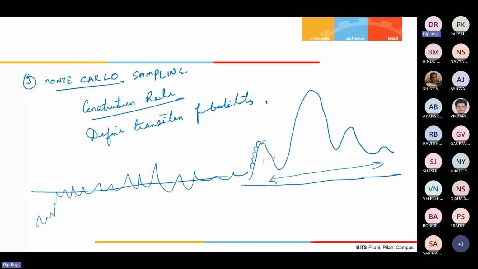So you do a random walk here, and ultimately, when you have explored the entire space, you will see that you have reached a stationary distribution, and that stationary distribution will mimic your energy-based distribution and energy function. And essentially, you now are able to sample.